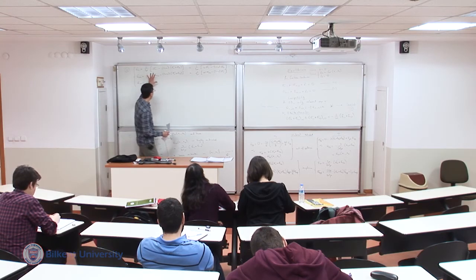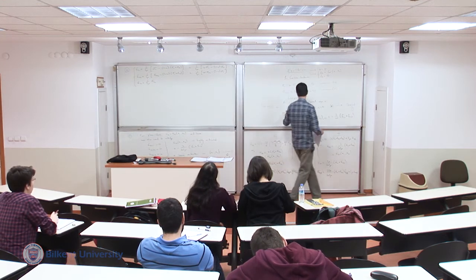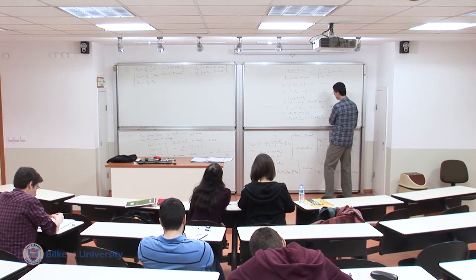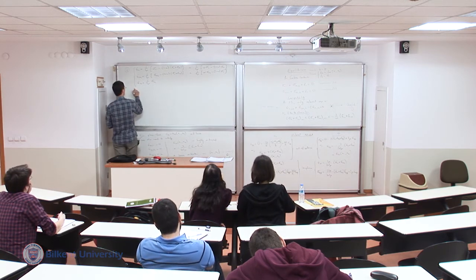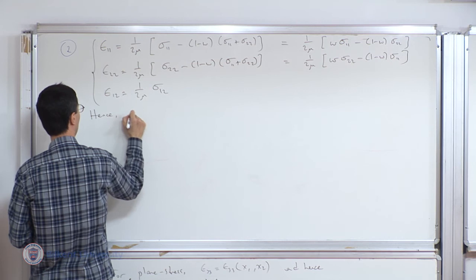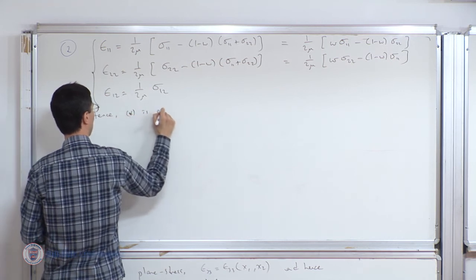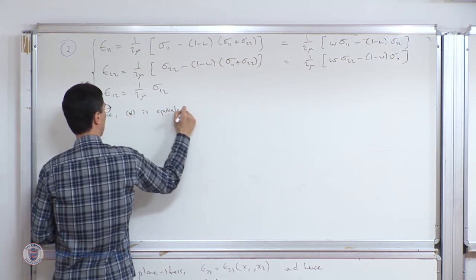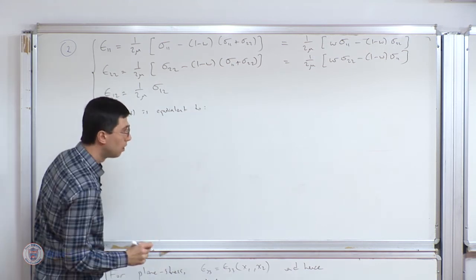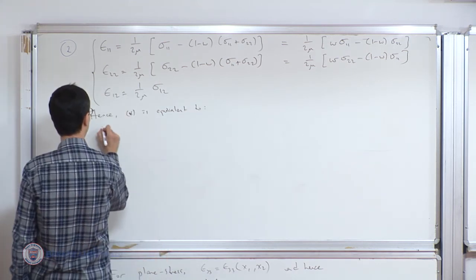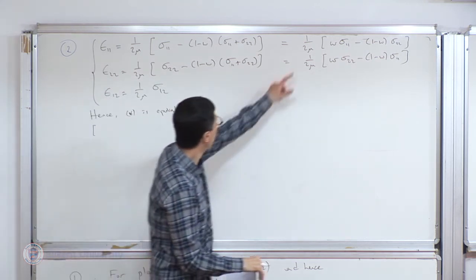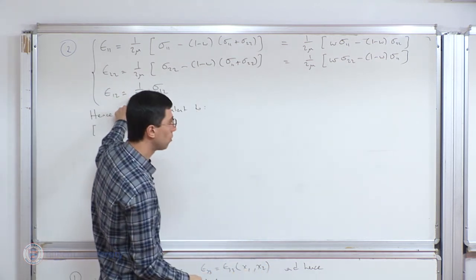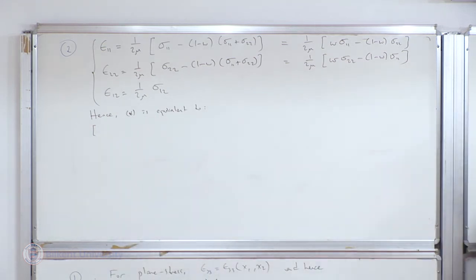Okay, so now I take these and plug them in there, and I'm going to rewrite this equation star. So let's begin with epsilon 1,1, the first component. The 1 over 2 mu factor appears in all of them, and eventually this thing is equal to 0.